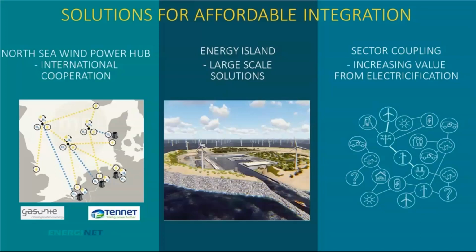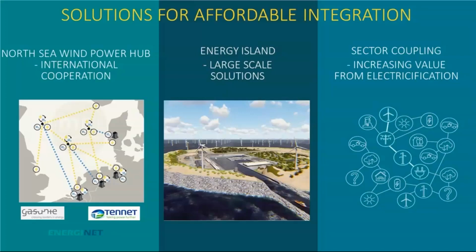So what do we do when we look towards 2030? One thing is we have started cooperation with the German and Dutch TSOs as well, looking at the North Sea as a hub, and not just as different points where you could put up offshore wind, but trying to see how we can combine it.